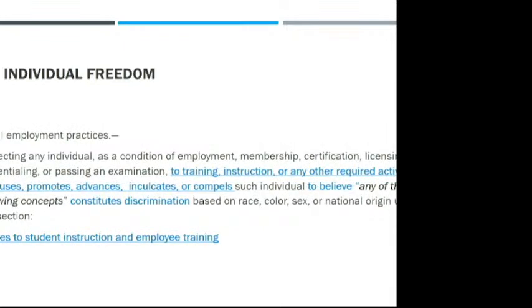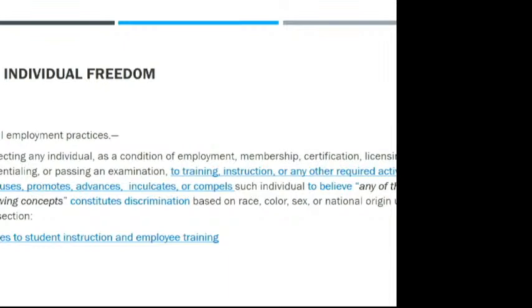In the unlawful practices, basically they've outlined a long list of items that you cannot include in training or instruction for students. I've highlighted for you so you could see it's activities that espouse, promote, advance, inculcate, or compel such individuals to believe any of the following concepts, and they're on the next slide.